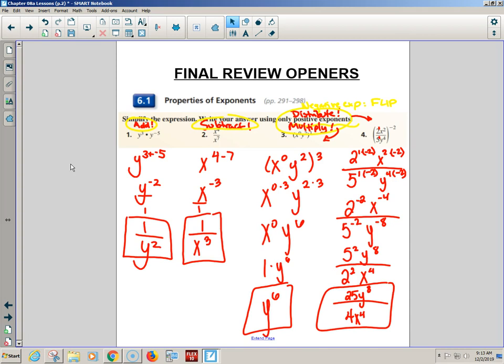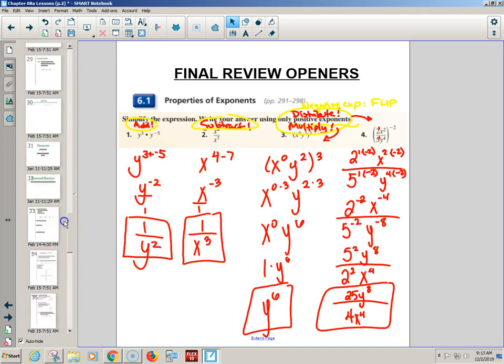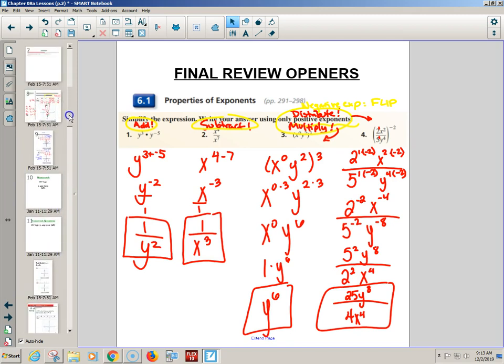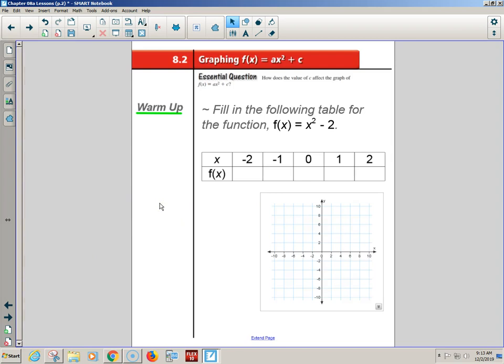Cool? I want you guys to grab out your notes. And as you grab out your notes, before you put away your homework spiral, can you just check and see: do you have 2 homeworks from page 423?